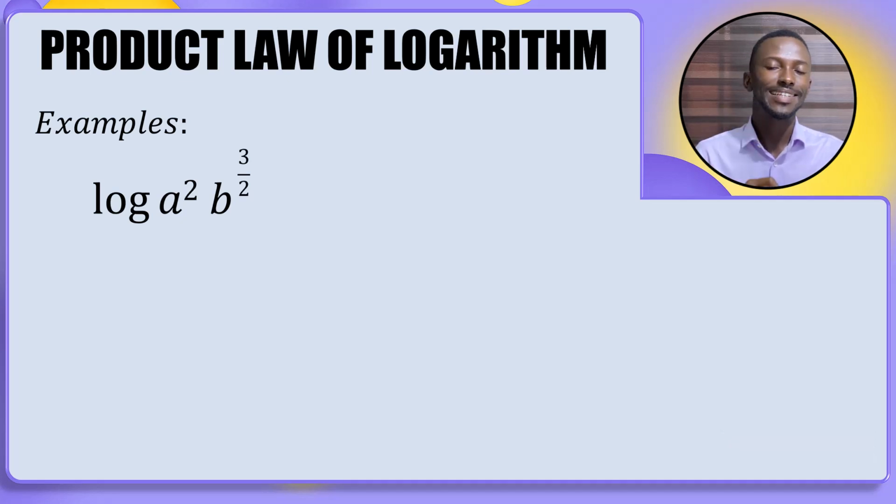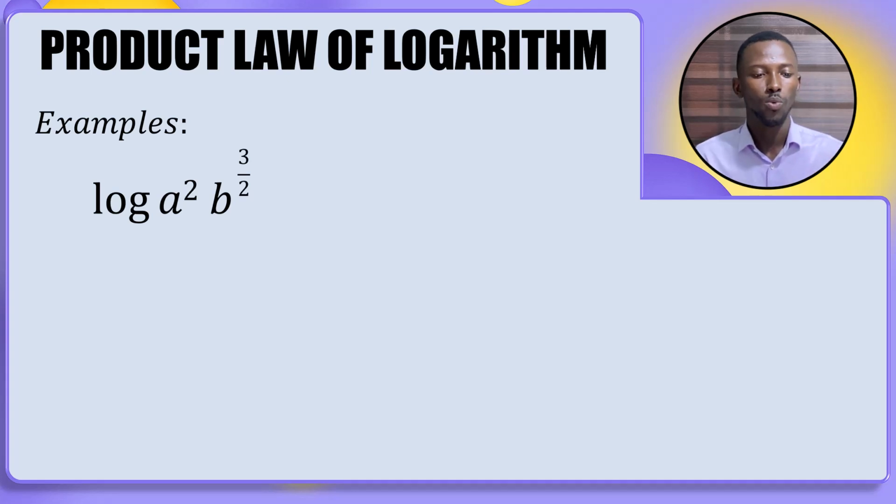If you see a certain log and the base is not specified, then know that it is log to base 10. Whenever I see a log and the base is not specified, like base 2, base 3, base 4, base 5, base 6, if they've not specified the base, then know that automatically it is base 10. So this is the same as log to base 10 of a squared times b exponent 3 over 2.